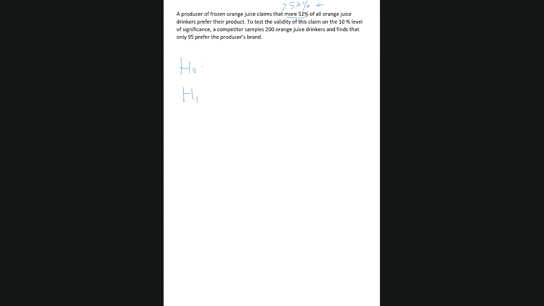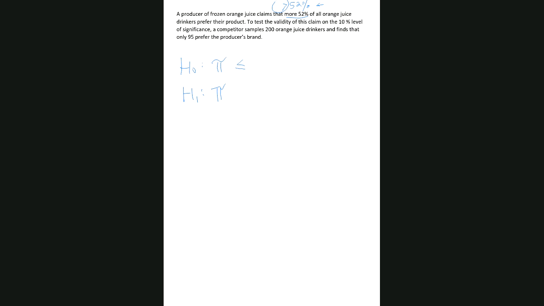So we're using pi and pi. For the first one, your null hypothesis is going to say the opposite of this, which is, since that is greater than 52%, it's going to say less than or equal to.